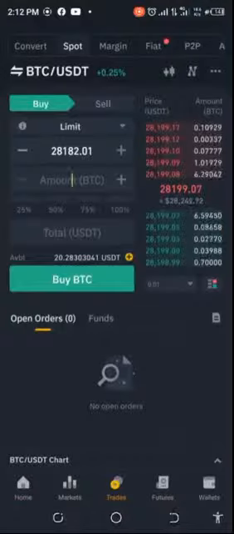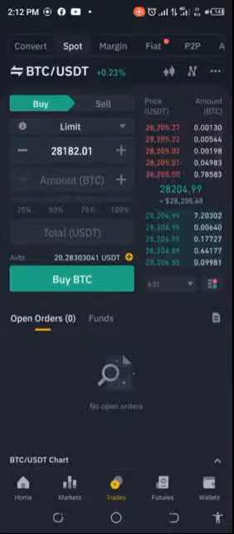Initially, BTC USDT didn't attract any fees, but now the fees are back. So whenever you're doing a triangular arbitrage, always remember that you're going to be paying fees 3 times. You're going to pay a fee in the first leg, in the second leg, and in the third leg.